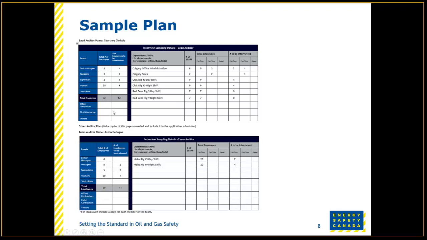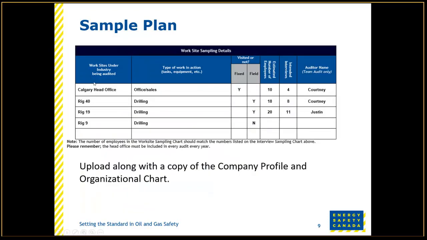And then the next page would be the team auditor and same thing. And then on the last page you would write out every single site, even if you're going or not, and let us know if you're going or not and who's going to be doing what. With that, you have to submit the organizational chart and a company profile.